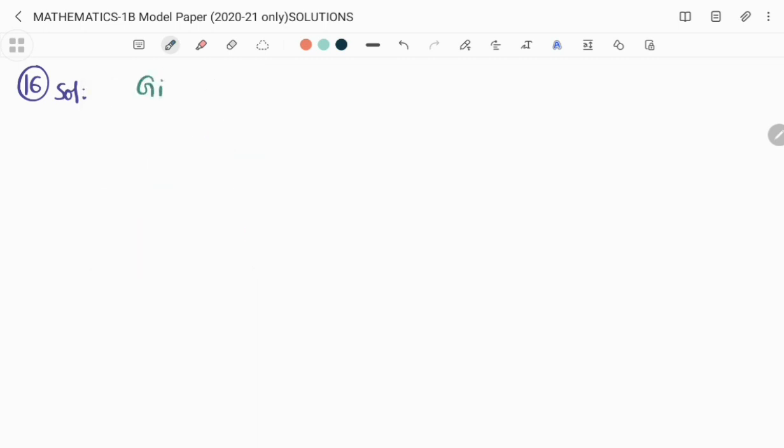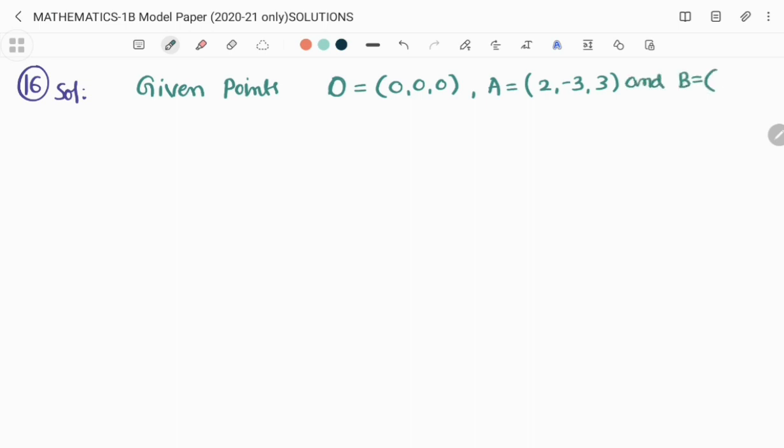Given points: O equal to origin 0 comma 0 comma 0, and point A equal to 2 comma minus 3 comma 3, and B equal to minus 2 comma 3 comma minus 3. They are asking to prove these points are collinear.